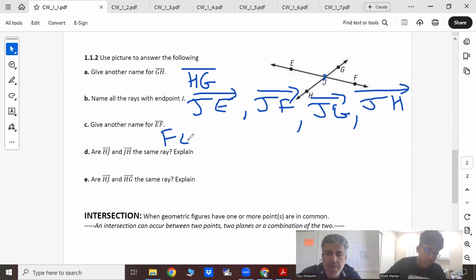We know this, we say FE. For D, what would you say? Hmm. JH, the same ray. HJ. No, wait. No, that's because they have different endpoints.